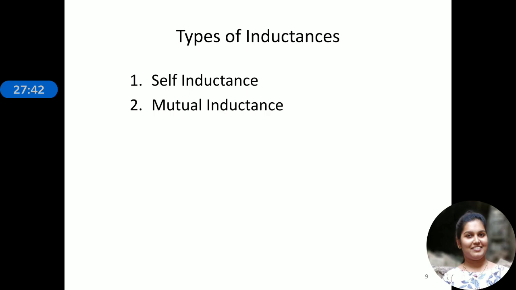Whereas mutual inductance is when voltage is applied to one coil, and because of the current flowing in that coil, a voltage is induced in the nearby coil. This property we call mutual inductance.